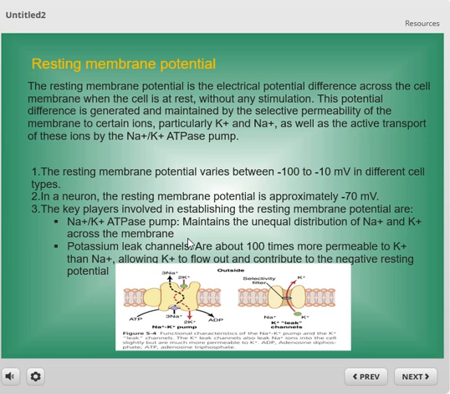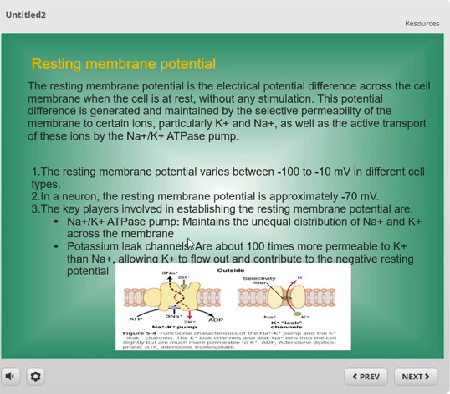For example, in the red blood cell, the resting membrane potential is minus 9 to 10 millivolts, and the epithelial cells is minus 18 millivolts, and the hippocampus cells in the CNS, for example, is minus 18 millivolts.